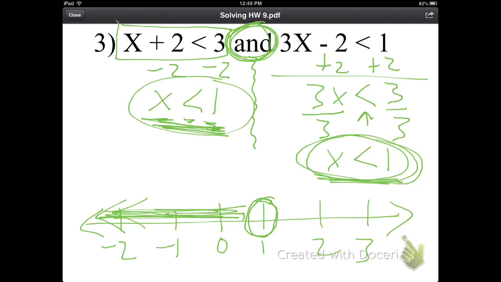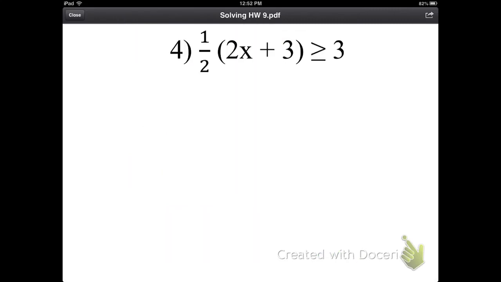If we were to write our solution in interval notation, we would go from negative infinity, because the shading keeps going, all the way up to 1. And then we'd have a round parenthesis there, because it's an open circle. It just goes from negative infinity up to 1, and that's it.